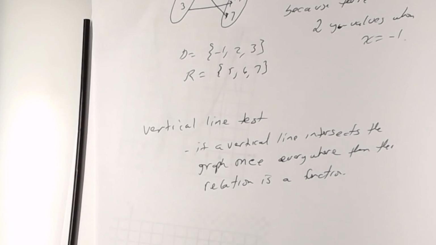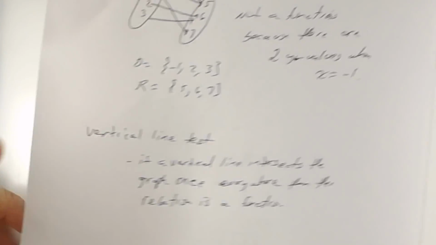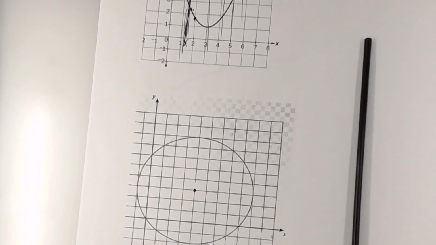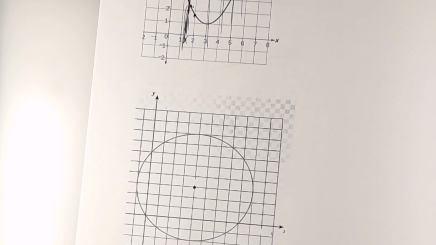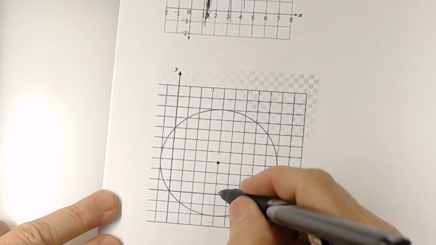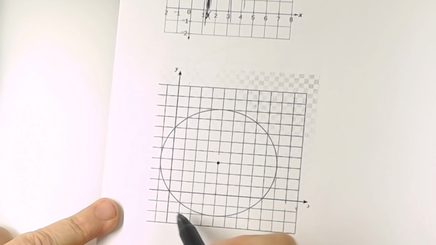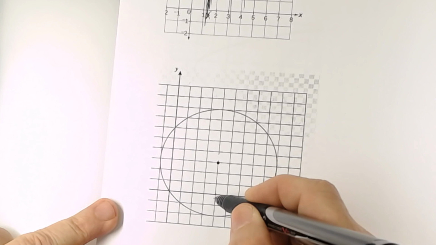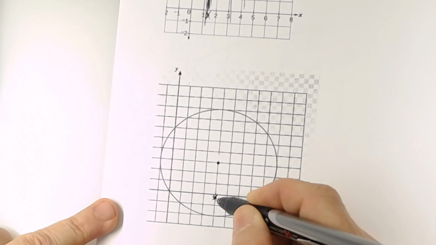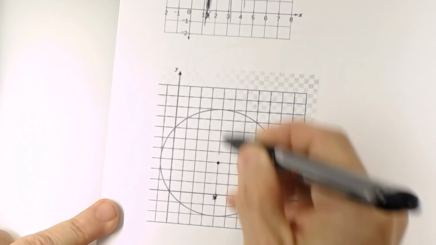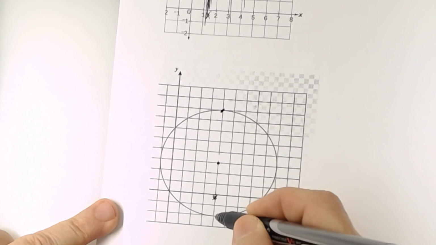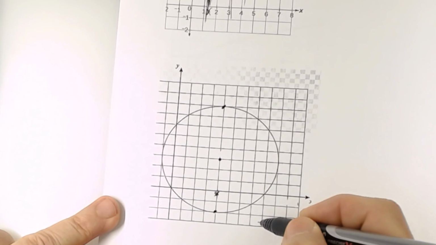Now, you should see this in number 2. In number 2, the circle, is that a function or not a function? It's not a function, because for this x coordinate right here, there are 2 points associated with it.